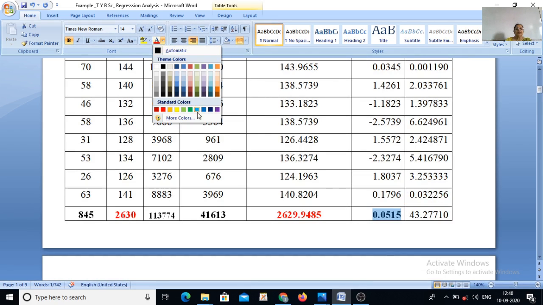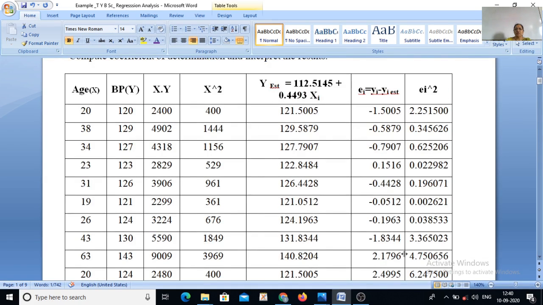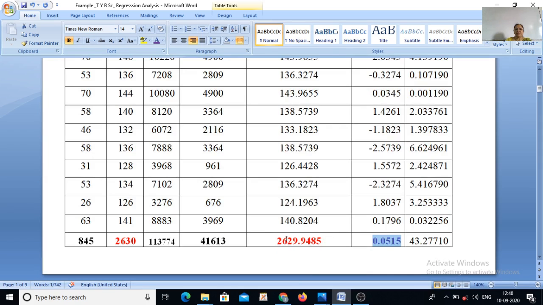As we discussed in the theory, the summation of ei is also equal to 0, because if you add this plus this, you will get 2630. So this residue should be equal to 0 theoretically, but since we are rounding off figures up to 4 decimals, this becomes some negligible value.